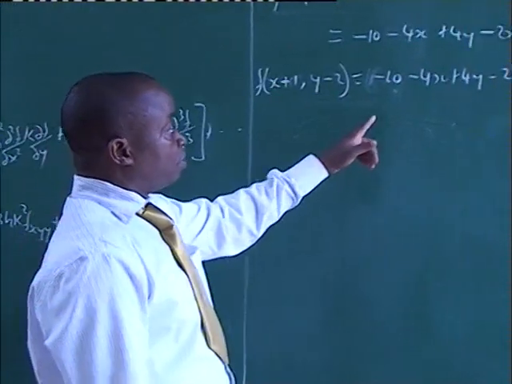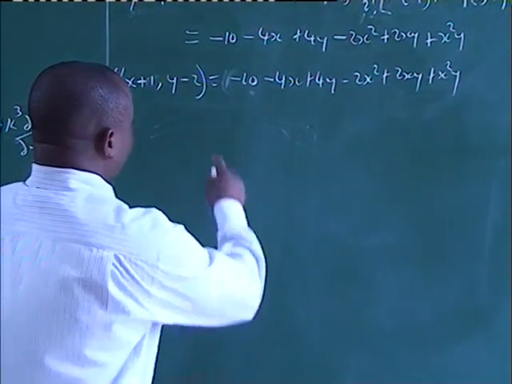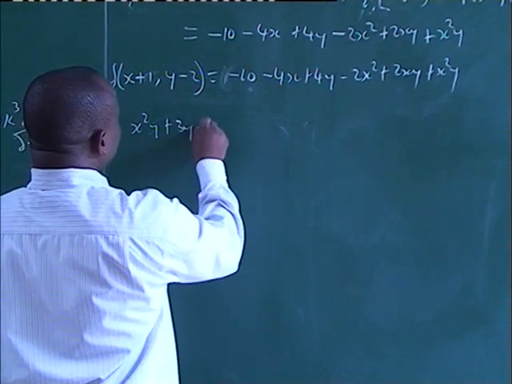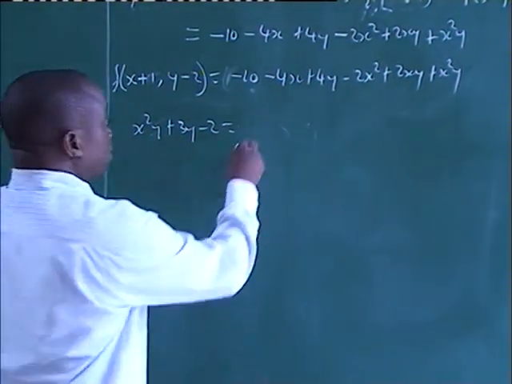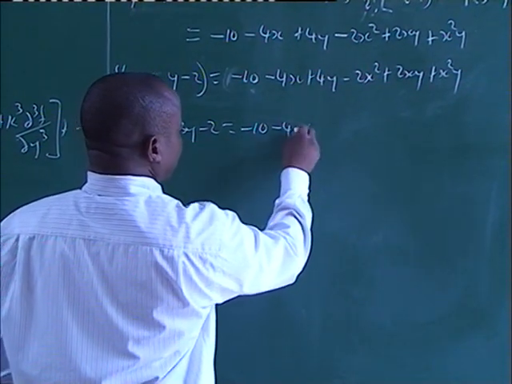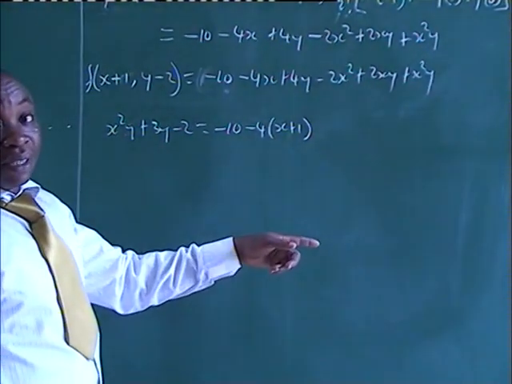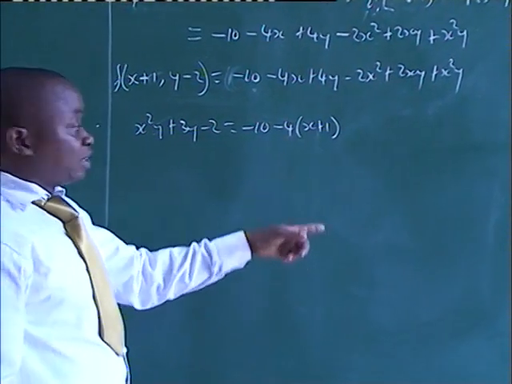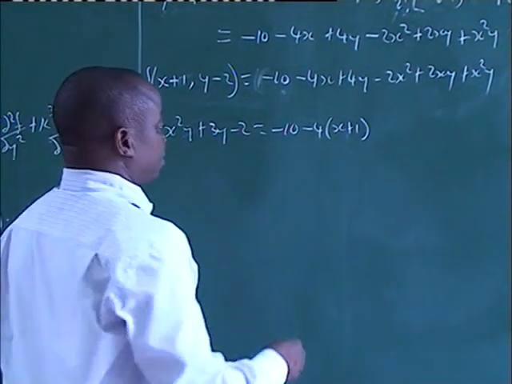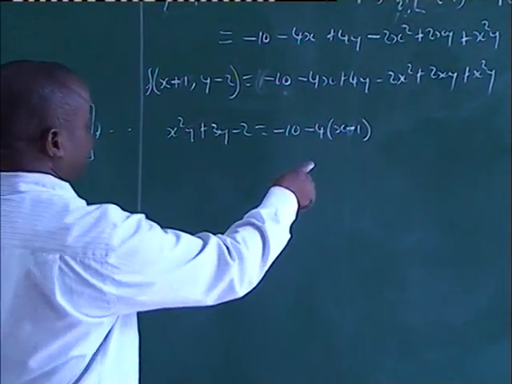In case you want to write this back in the powers that we're given, we can write that x squared y plus 3y minus 2 equals minus 10 minus 4. Then you write this x minus 1. You know, we are expanding about x equal to 1. Sorry, x minus 1. That is what we are expanding about.